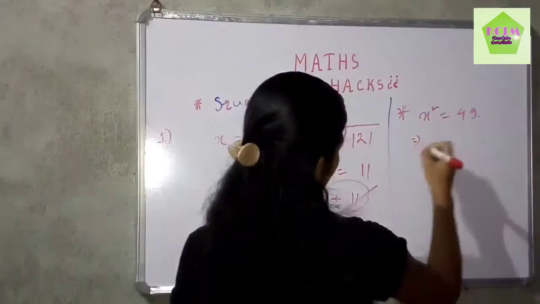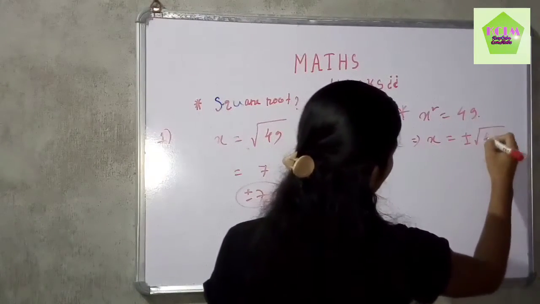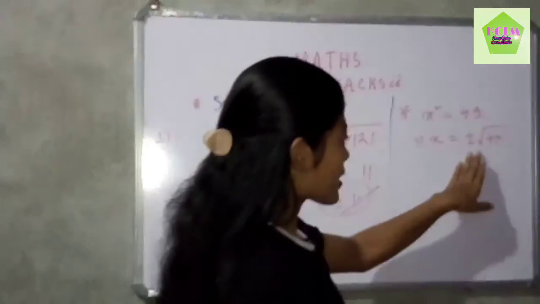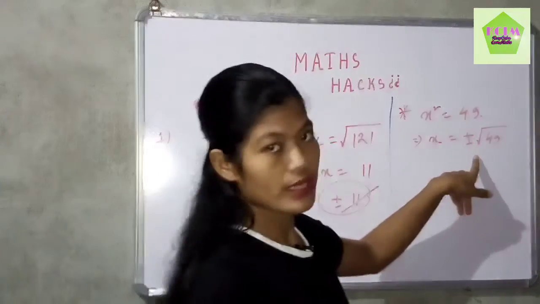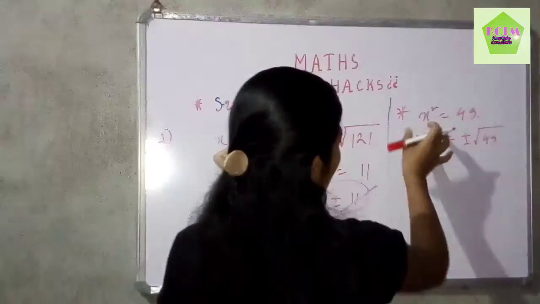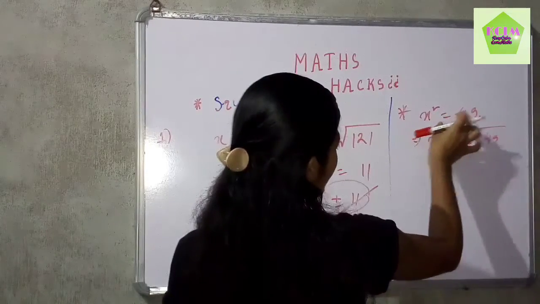In this case, we have to write plus minus root over 49. Here the plus minus sign is necessary. This is important here because we are given that x squared is equal to 49.